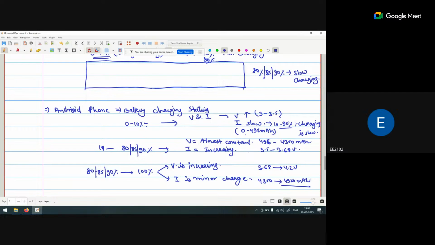The second thing, if you are talking about fast charging, the meaning of fast charging is that the battery power is increased.